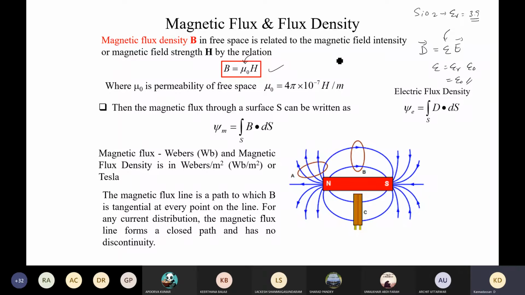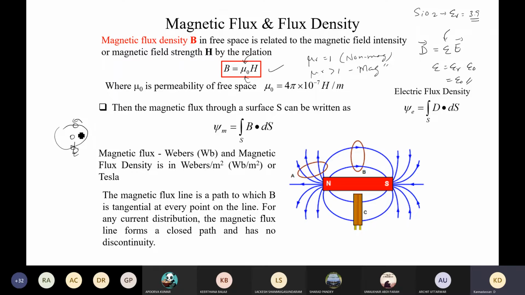A very similar expression we have here, and here the material property will come. Therefore, whenever you have mu r equal to 1, that is always referred to as non-magnetic material. And whenever mu r is greater than 1, they are often referred to as magnetic material. For magnetic material, we already have seen that the outermost orbit of the atom will be having two spins. Out of these two spins, one will not be available.